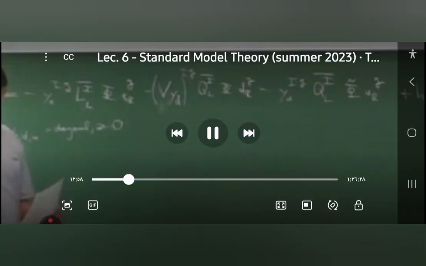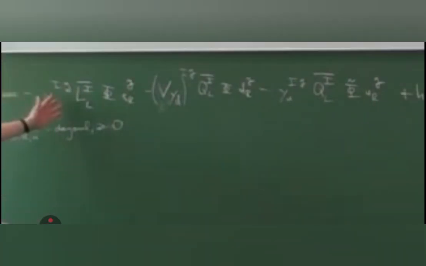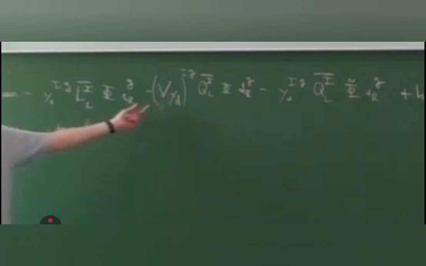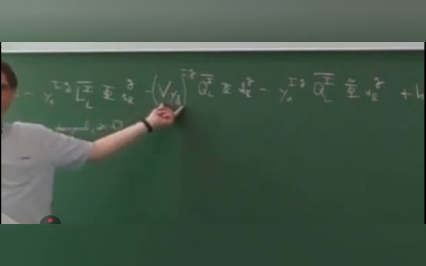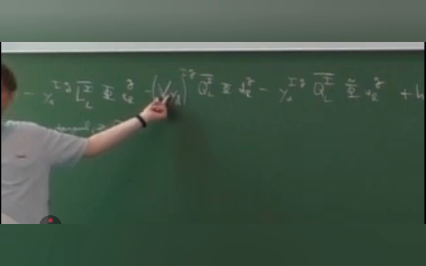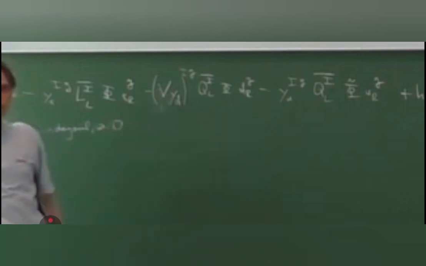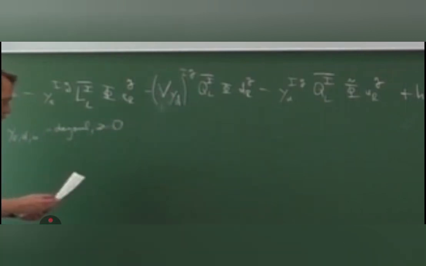So that was our Yukawa Lagrangian, and as I said already, the Yukawa matrices are diagonal. The only thing where the generations are connected is the CKM matrix here, which has potentially non-diagonal entries.